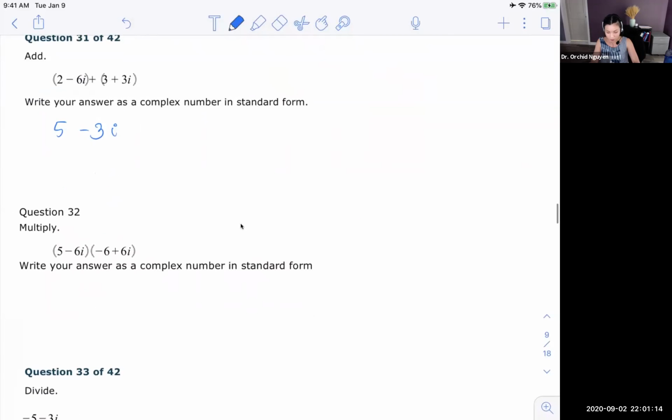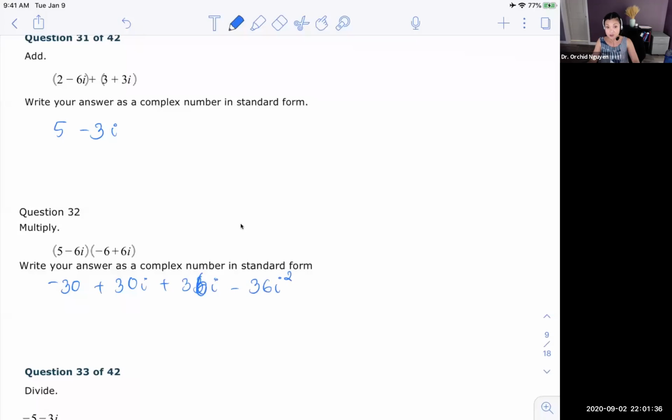Okay. Multiplication, simply FOIL. So we have negative 30 plus 30i plus 36i minus 36i squared.